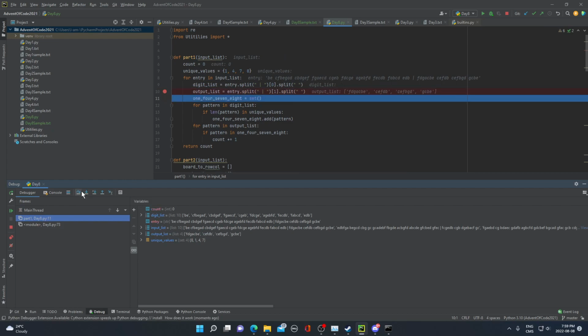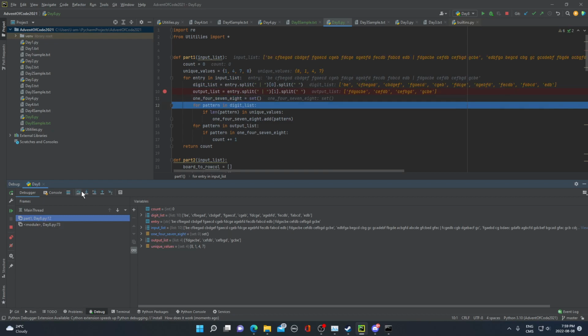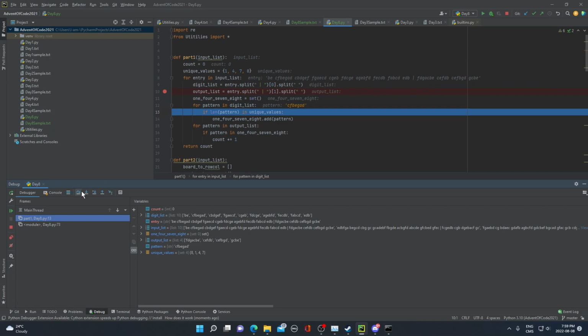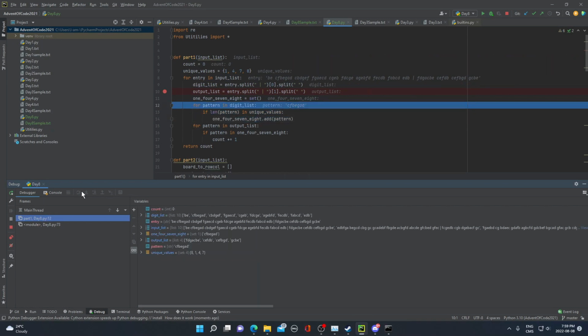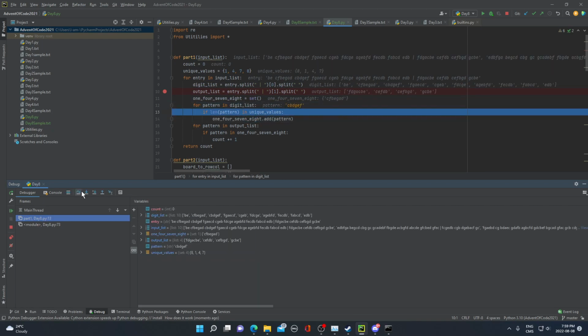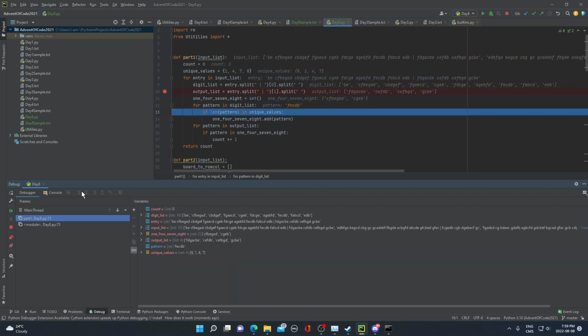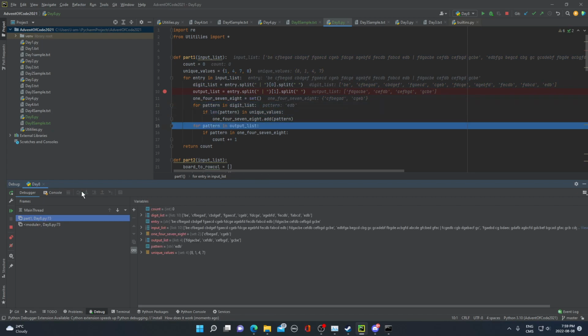Output list is also correct. Unique values. That should be it. Should also be it. Three should be it too.